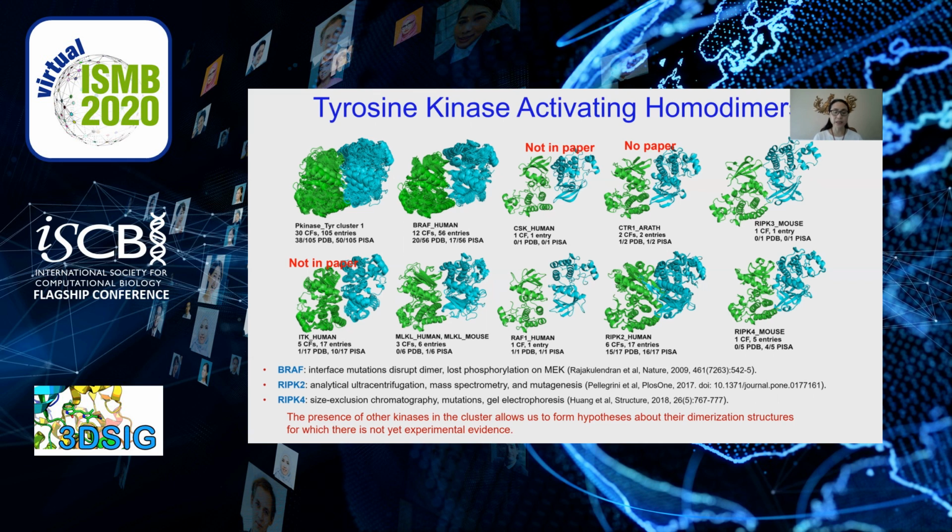For some kinases like BRAF, RIPK2, and RIPK3, different research groups did various biological experiments to verify that these 3 kinases can be activated by this dimerization. For some kinases in the same cluster, there is not yet experimental evidence, but this cluster allows us to form hypotheses about their dimerization structures.